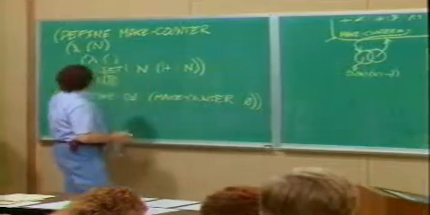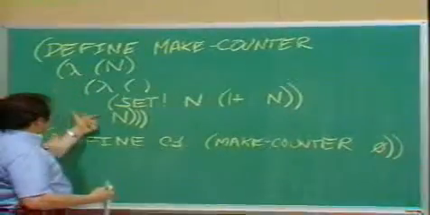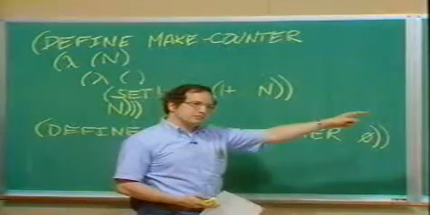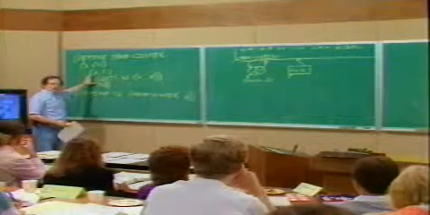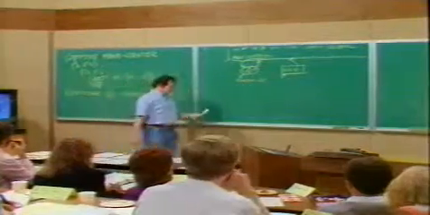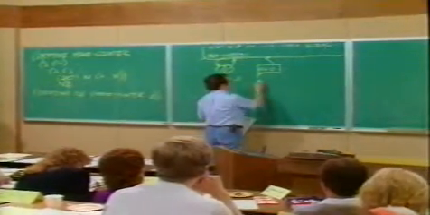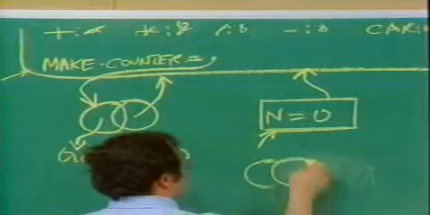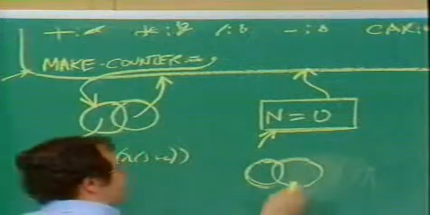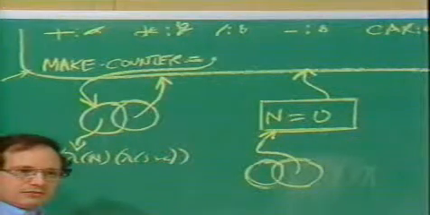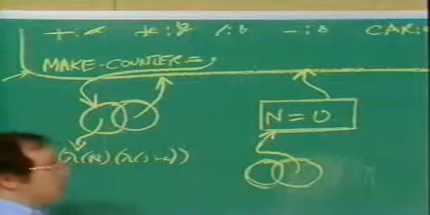Now I have to evaluate the body of make counter, which is this lambda expression, in that environment. Evaluating a lambda expression means make a procedure object. So I'm going to make a procedure object, and that procedure object has the environment it was defined in, where n was defined to be 0.